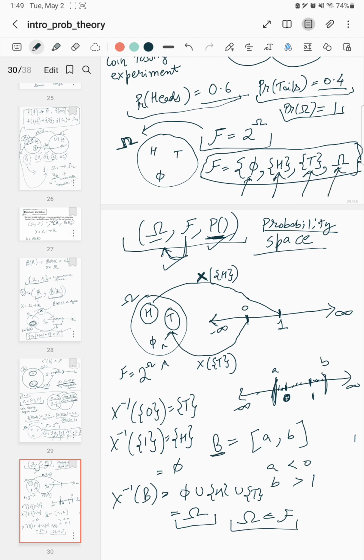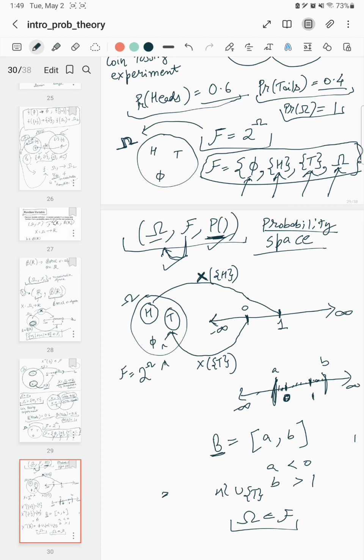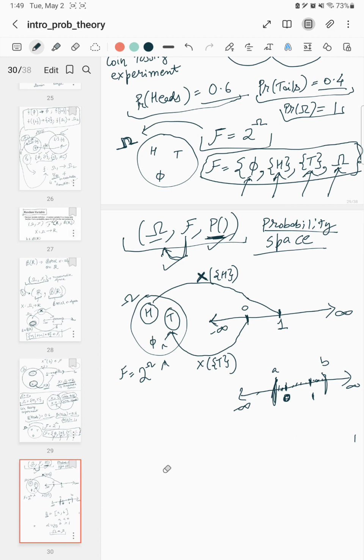So we can see that if you take any Borel set in the real number line, given the random variable we have defined, which is x, there always exists a pre-image in the domain omega.